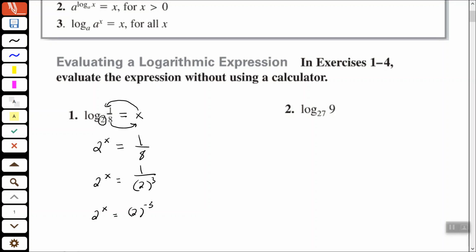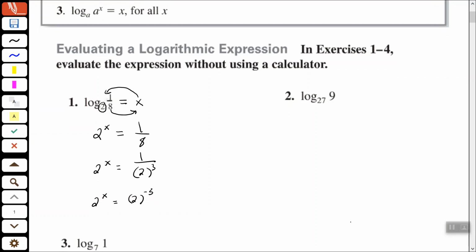So 1 over 2 to the third power is the same thing as 2 to the negative third power. If they have the same base, then you can set the exponents equal to each other to solve. Therefore, x equals -3, and log base 2 of 1/8 is equal to -3.